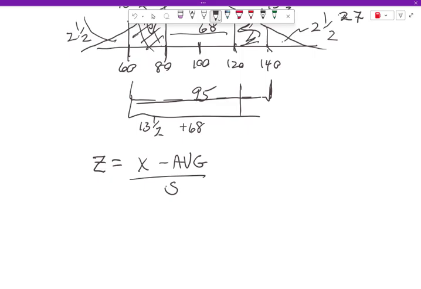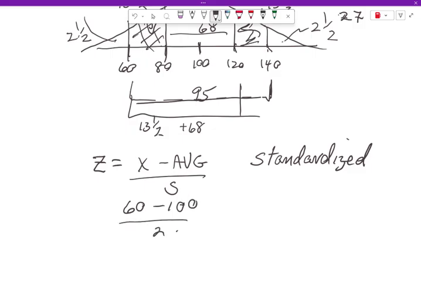So a z-score is a standardized score. So 60 minus 100 divided by 20 is -2 standard deviations. 80 is -1 standard deviation.